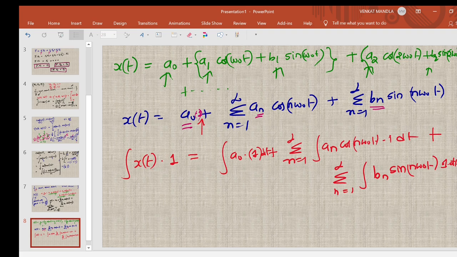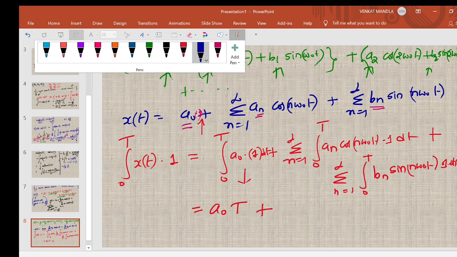Anyway, you multiply with 1, you get the same signal. Here, over one period, 0 to T, you will get a naught into capital T.